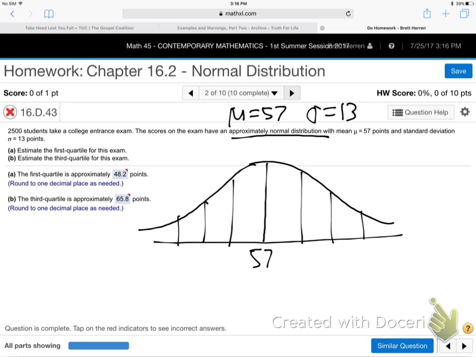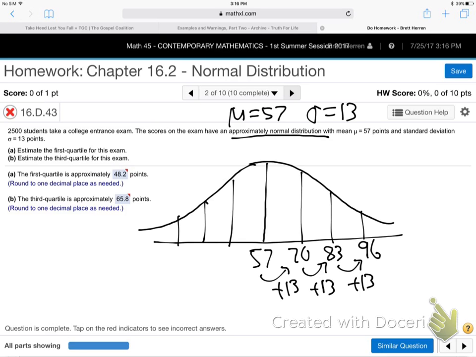All right, so the middle is 57, and we're going to add 13 for every line. So the percentages are always the same. You just take the middle, and you add the line amount to the right and subtract it to the left. Add 13, that's 70. Add 13, 83. Add 13, 96. Pretty much the same in all these examples.